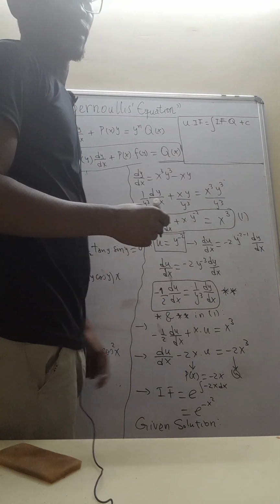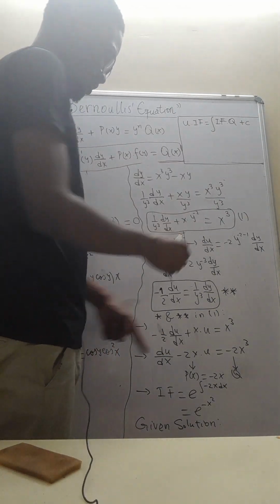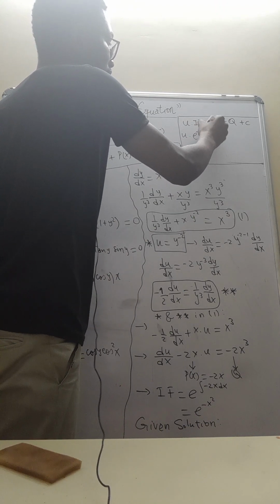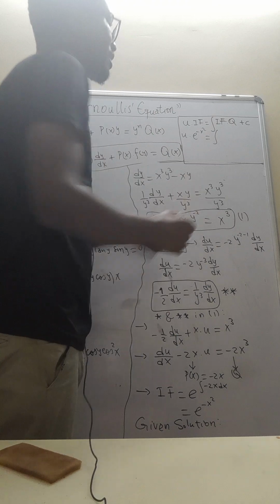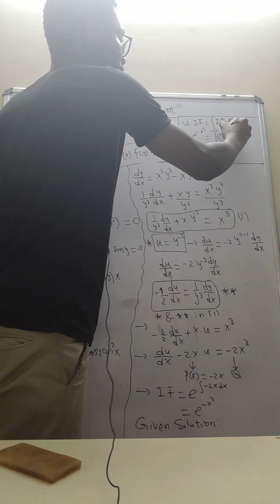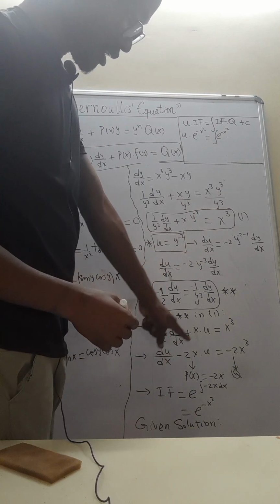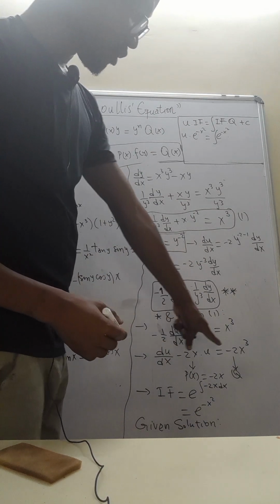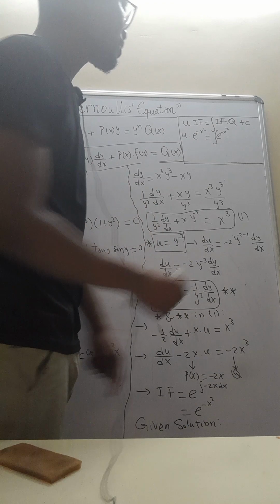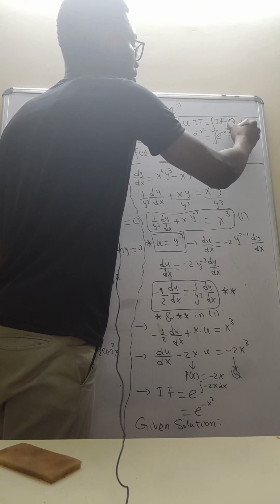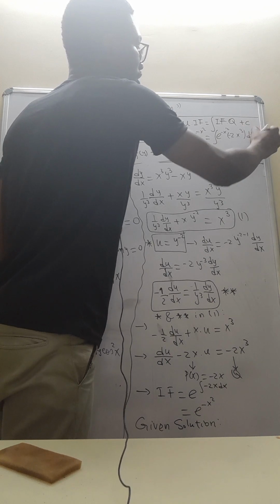Just put it there. What is u? u times IF, which is Euler minus x squared, equals the integration of IF, again Euler minus x squared, times Q. What is Q? Q is minus 2x cubed, dx.